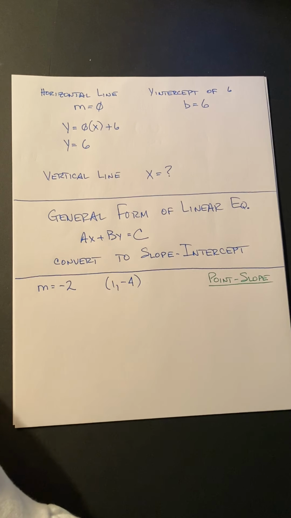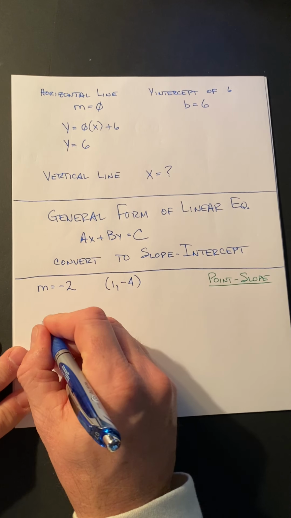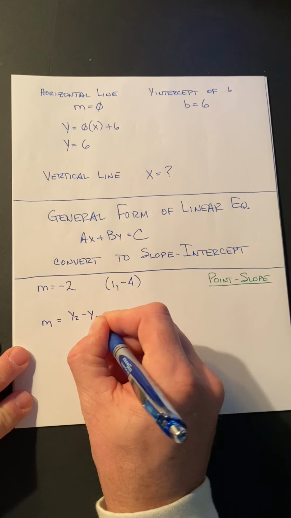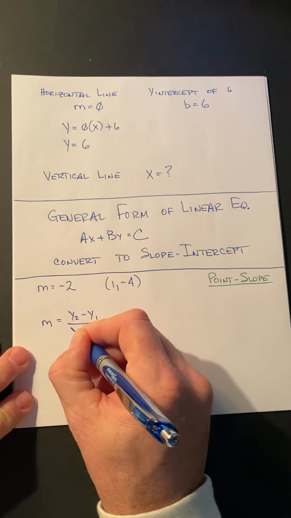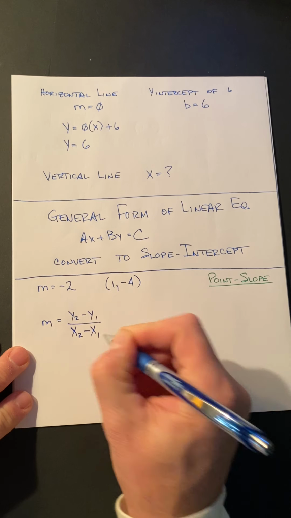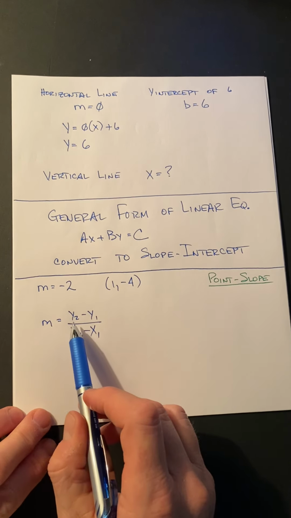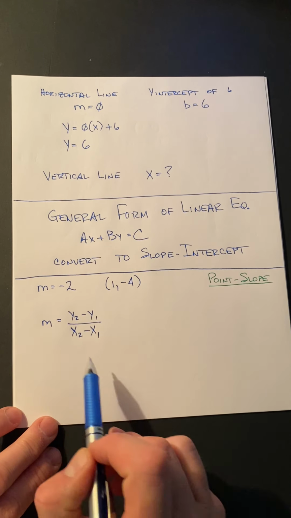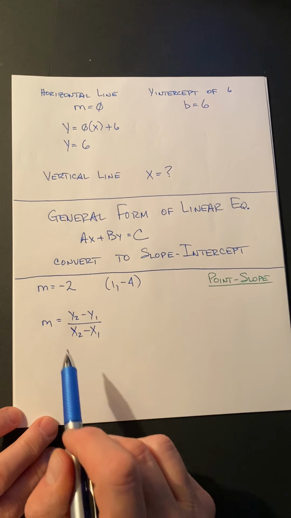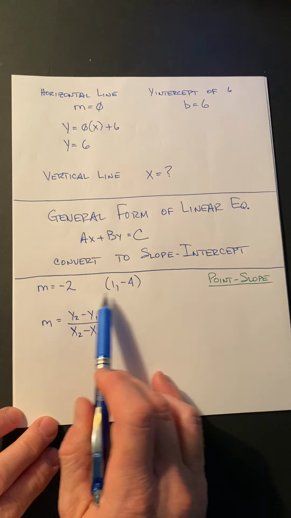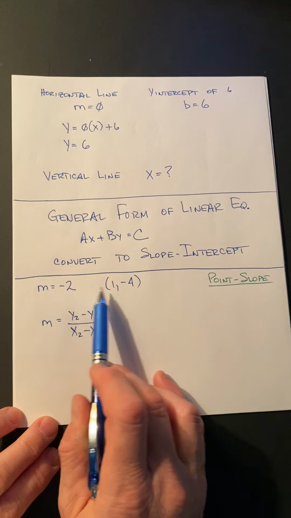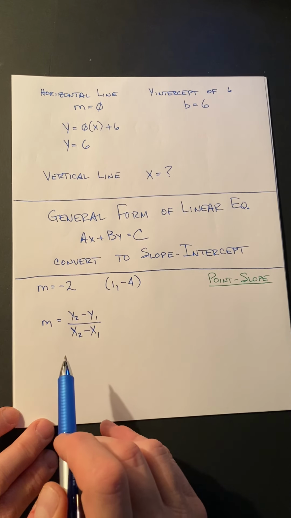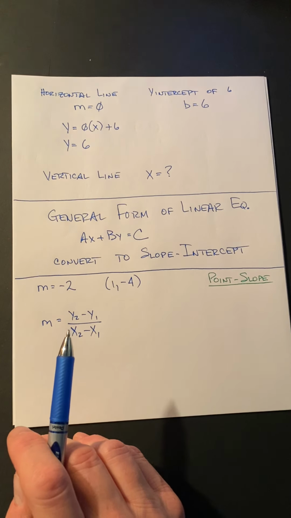So let's go all the way back to my original equation for slope, okay? For slope, I have to have 2 points. Here's point 1, here's point 2. In this example, all I have is just a slope and 1 point. So this second subscript doesn't do me any good there, does it?